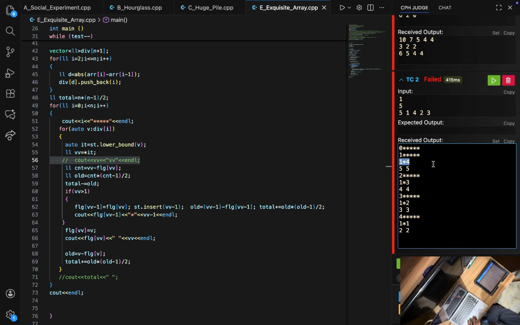Okay, it divides into this part, 1 4, and this part 1 5. Makes sense.